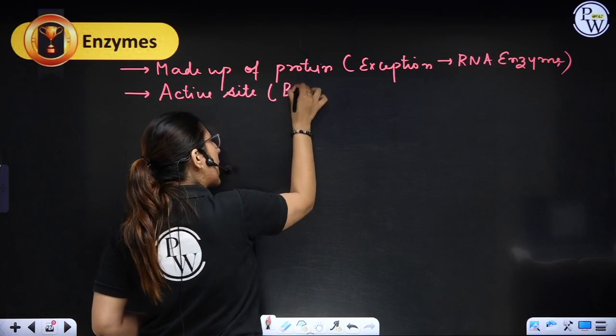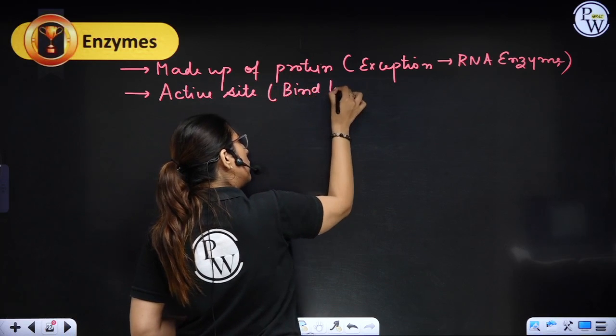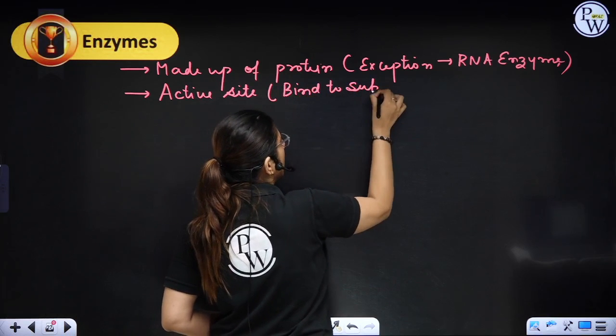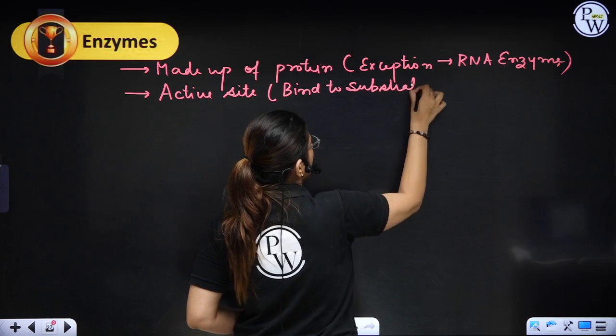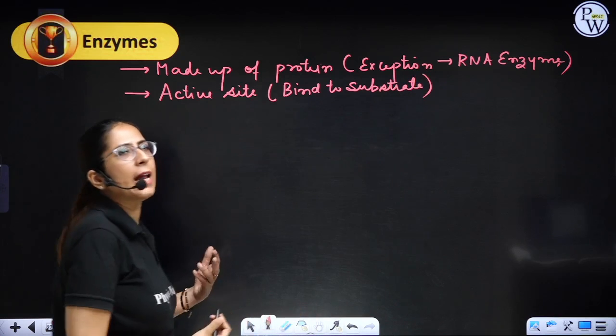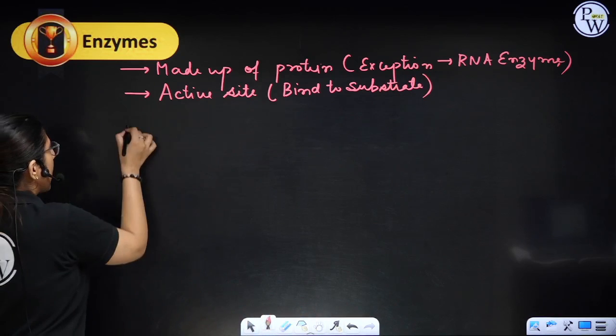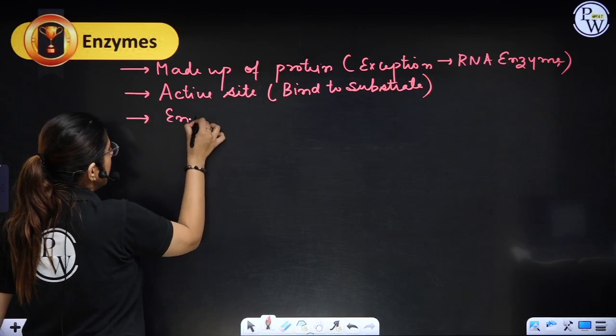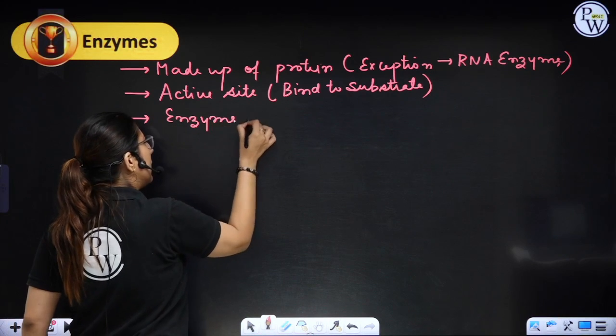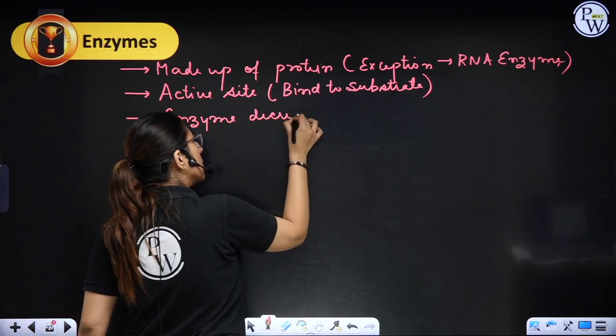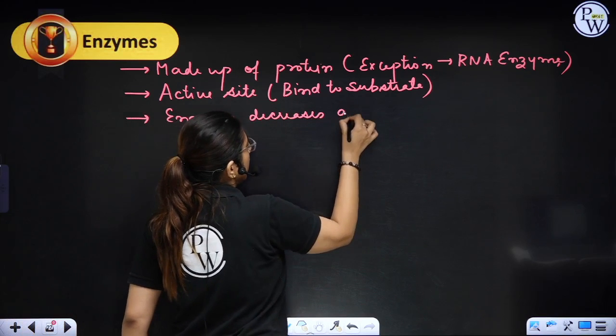This is that site which binds to the substrate. In a normal way also the reaction can occur, but what does the enzyme do? Enzyme decreases activation energy.